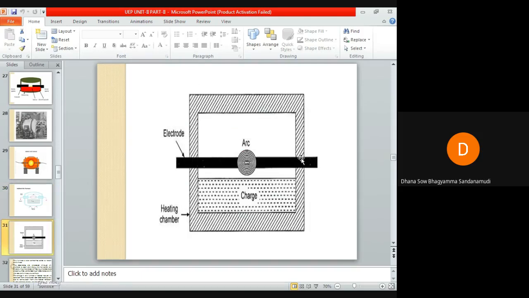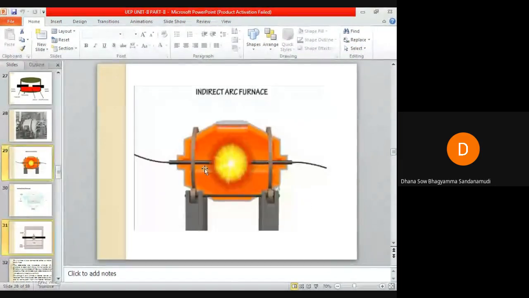These electrodes are placed horizontally within the furnace above the charge. When supply is given to these two electrodes, an arc is struck between them.